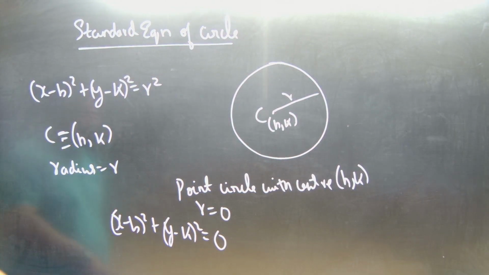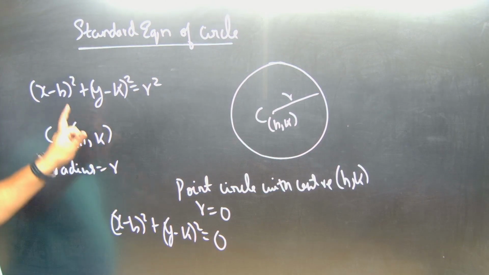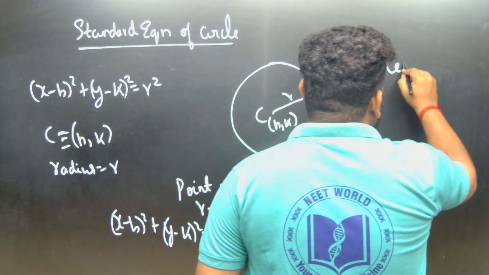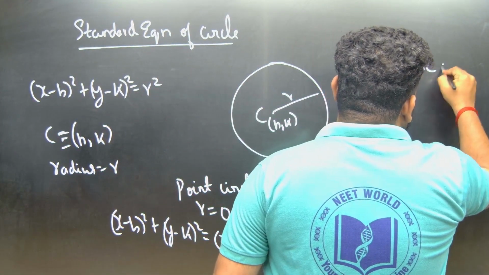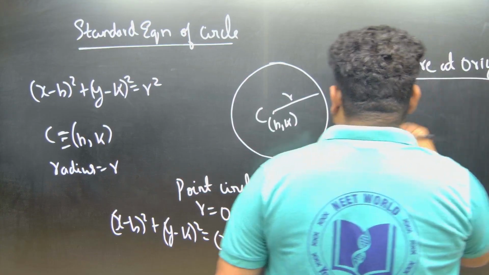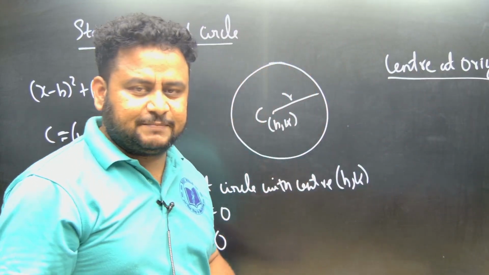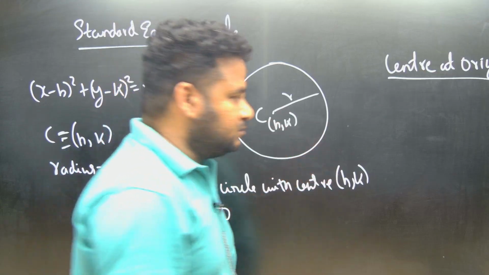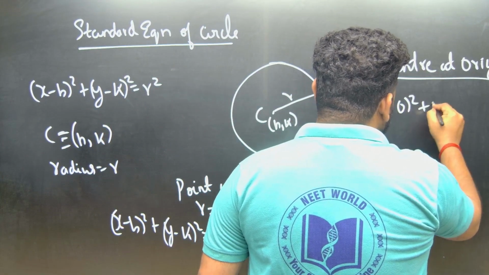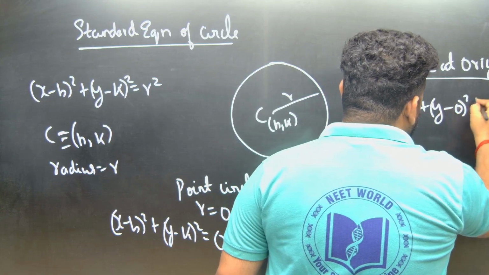Another thing is, for the standard equation of the circle, if the center is at the origin, what will happen? In many questions you will get this equation, and at that time you have to understand that the center is at the origin. So if I write (x minus 0) whole square plus (y minus 0) whole square is equal to r square.